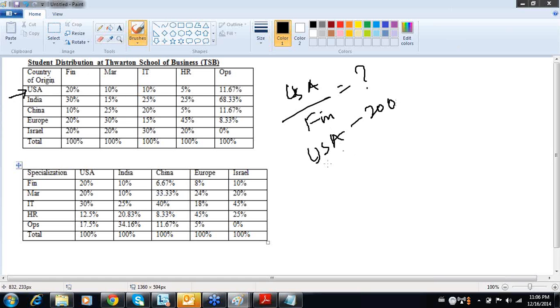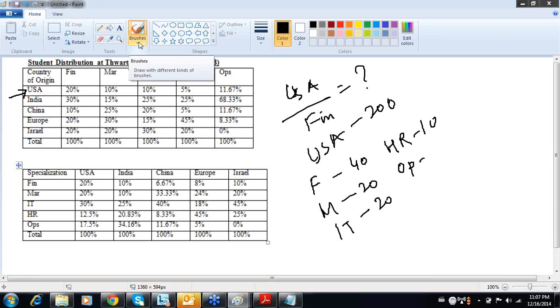In the first row, Fin is 40, marketing is 20, IT is 20, HR is 10, and ops is 11.67%. Sorry, it's just the other way around.